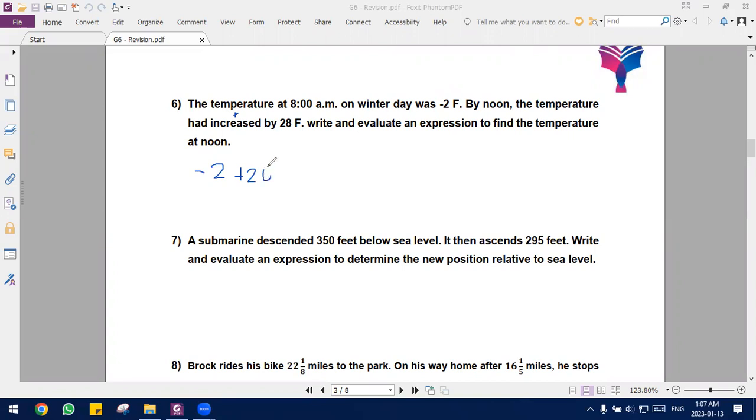So here they have different signs. So we subtract them. 28 minus 2 is 26. Take the sign of the bigger value, it's plus. So 26 degrees Fahrenheit. So this is the new temperature after the increase.